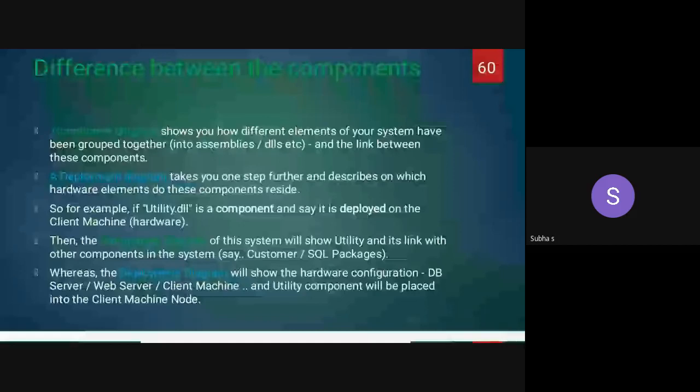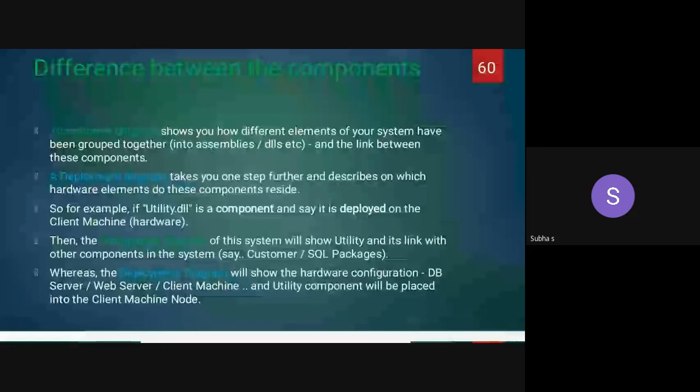When we come to the deployment diagram, I say it is the client machine. That is the hardware only. The same example is mentioned in the PPT: customer application and SQL package are referred to in the component diagram, while in the deployment diagram it is the client server machine.